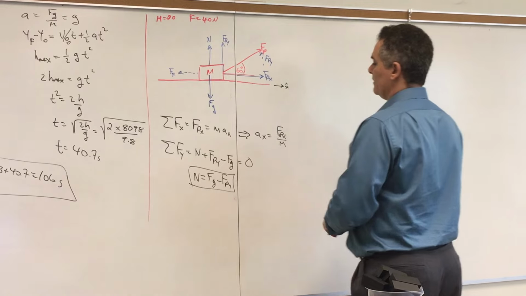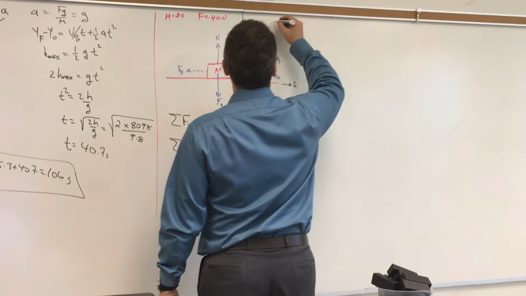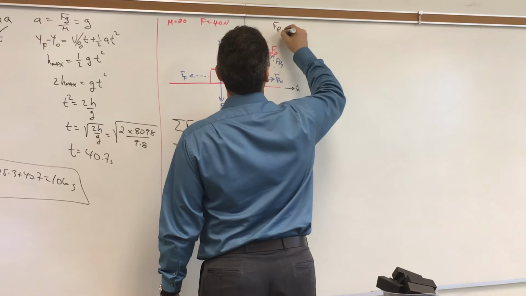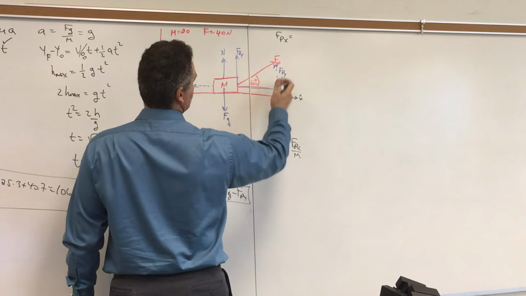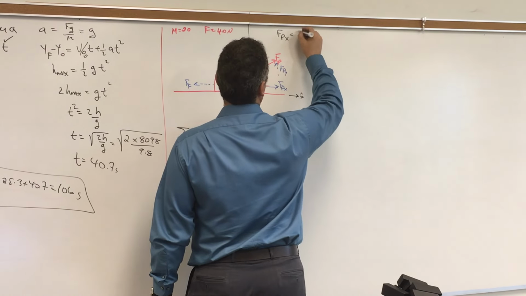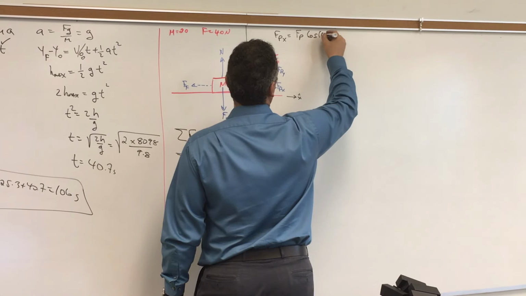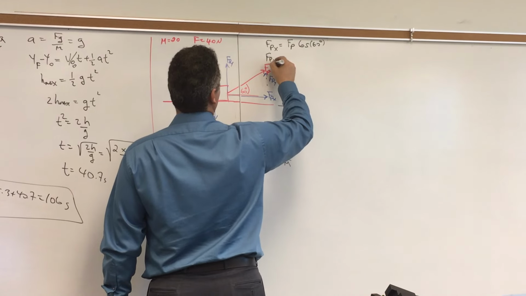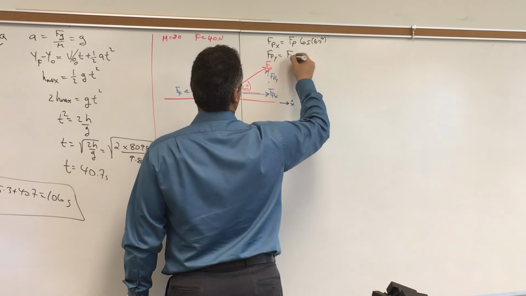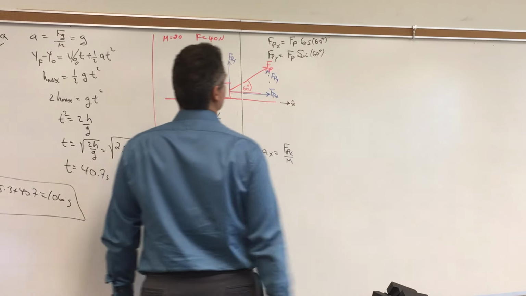In this part, FPX, we want to break these up, right? So we have FPX, in this case, because this is the cosine, right? Remember adjacent and opposite? So this is going to be FP times the cosine of that angle, 60 degrees. And then FPY is going to be FP times sine 60 degrees, okay?